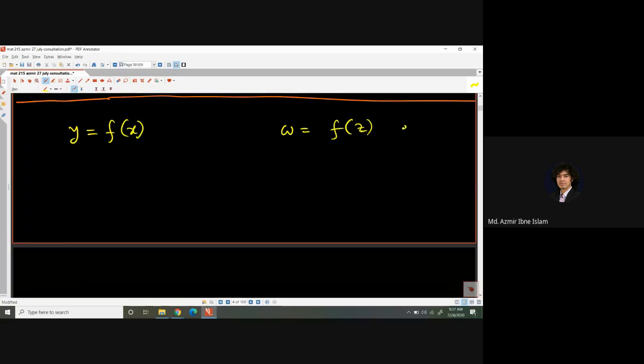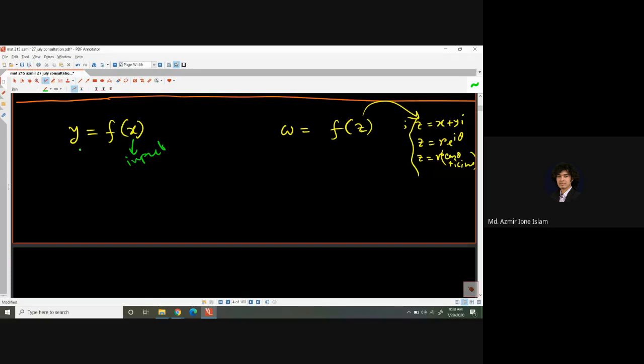And remember, inside z we have either x plus yi, that is the rectangular form of a complex number, or the polar form r e to the power i theta, or we can say r cosine theta plus i sine theta. So that means this z can take these representations.